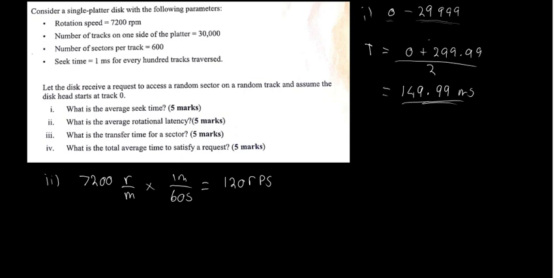And with these rotations per second, we know that 120 rotations gives us 1 second. How much does one rotation give us? It gives us x. If we calculate this using ratio and proportion, x is equal to 1 over 120 seconds. Now the average here is equal to 0 plus 1 over 120, divided by 2.